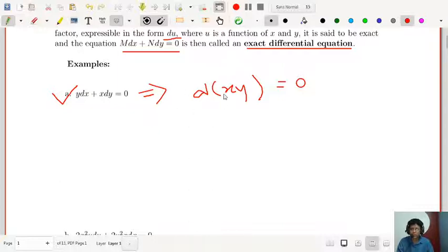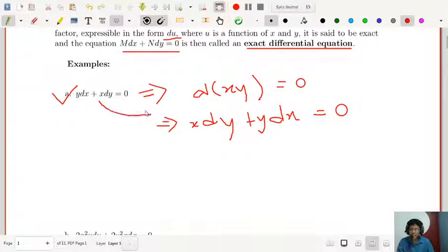If you expand it, applying the rules of differentials, you get x dy + y dx.